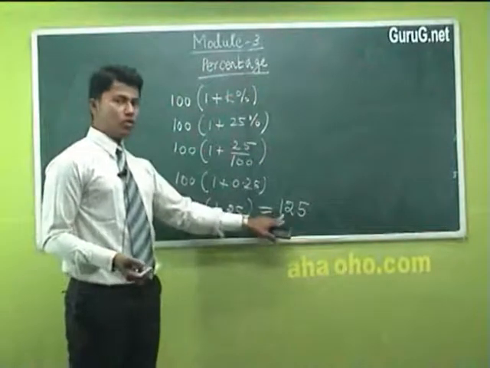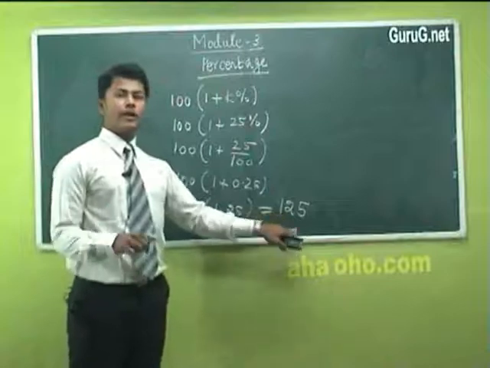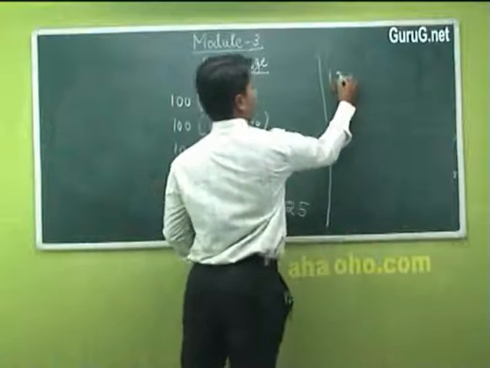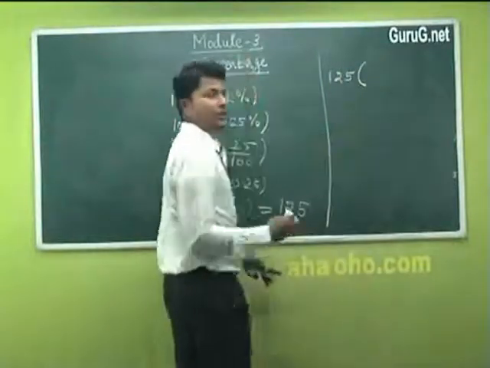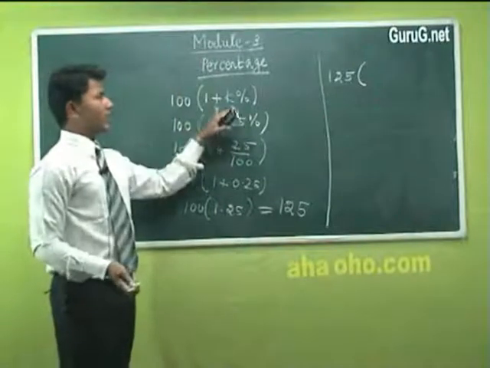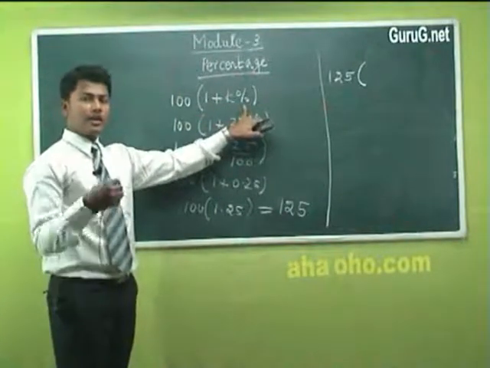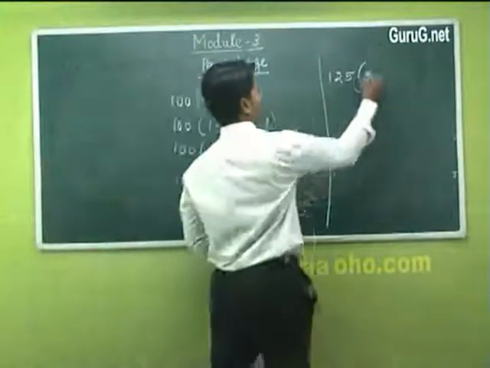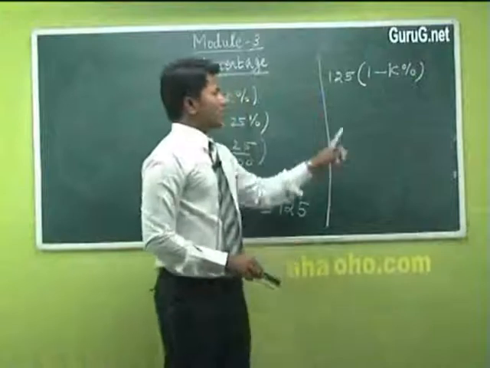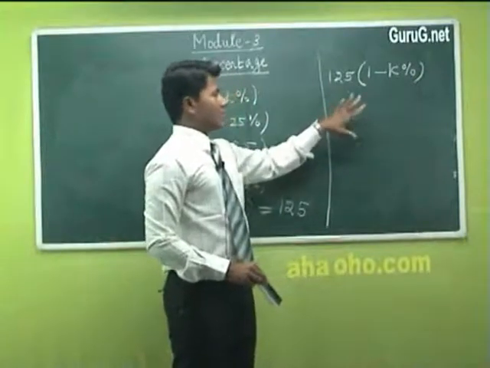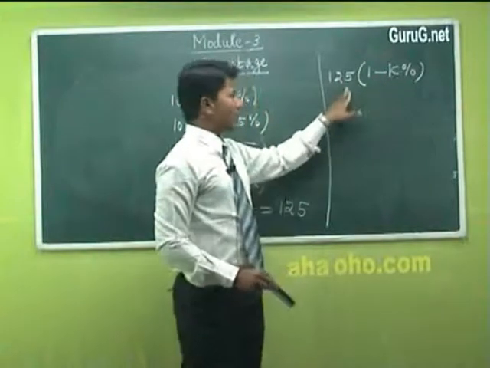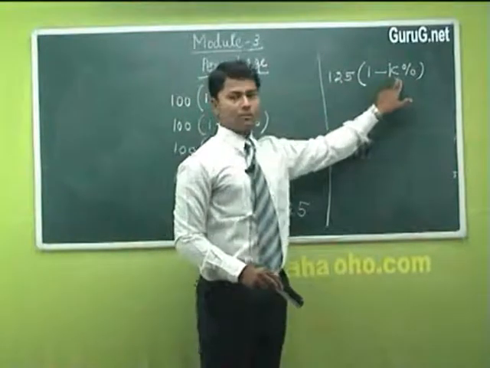Now say you want to decrease 125 by 25%, what is the formula? Same formula. 125 into, instead of 1 plus k percentage, since it is decreasing, 1 minus k percentage. If you want to decrease a number by a certain percentage, multiply the number by 1 minus k percentage.